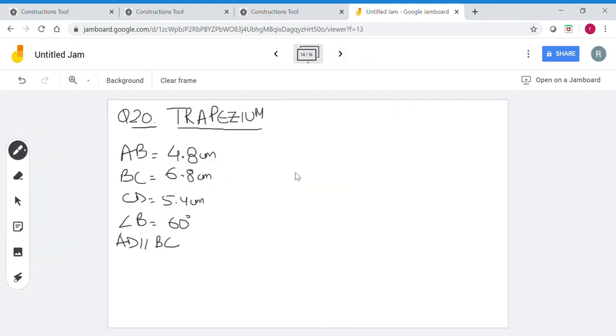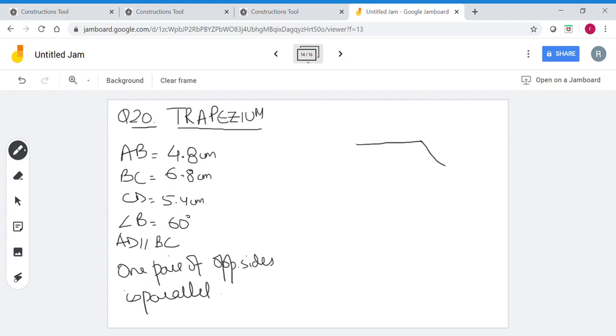The next question that we do is a trapezium. So before we do the construction, let's revise properties of a trapezium. So one pair of opposite sides is parallel. Perfect. So only one pair of opposite sides is parallel.